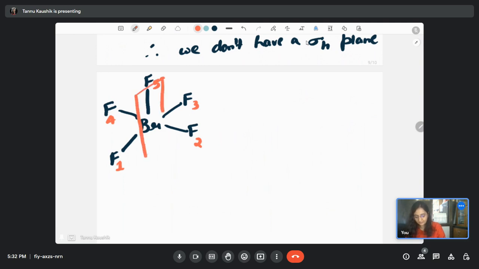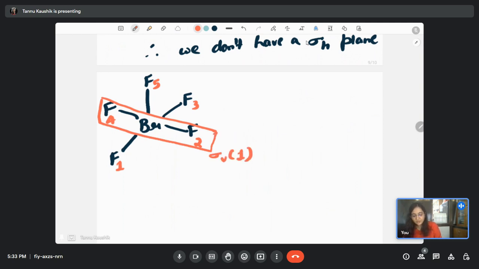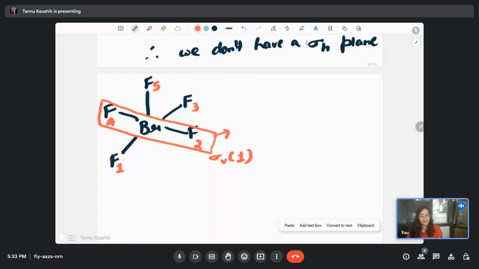So we have this one sigma v plane. This is the first vertical plane. And please note this plane will carry this F5 atom in it, because we know that a vertical plane always carries the principal axis of rotation, and this fluorine is present on the principal axis of rotation.